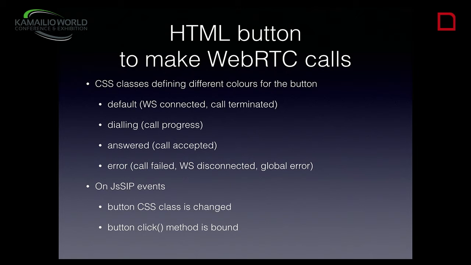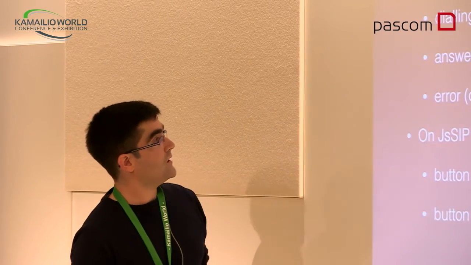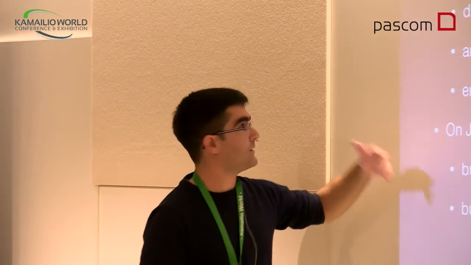Well, we will create some CSS classes to draw the button and change the color. One of them will be the default class, which will represent that the WebSocket is connected and we are ready to call. This could be blue, a dialing call could be orange, saying that the call is in progress. The answered call changes the button color to green, the error red, whatever.